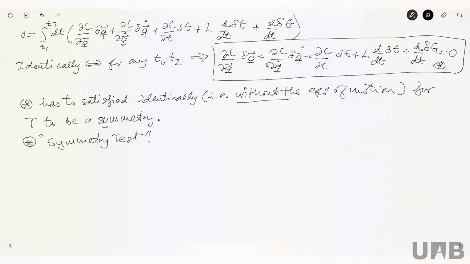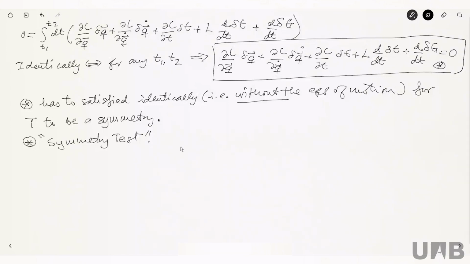For instance, whenever the moment of all the forces vanishes, then the angular momentum is conserved, right? Here there is no conservation yet, okay? But we're going to see that this symmetry test is, for example, the condition that the sum of the moment of all the forces is 0, and then the conservation is that the angular momentum is conserved. So we'll see examples of this symmetry test.